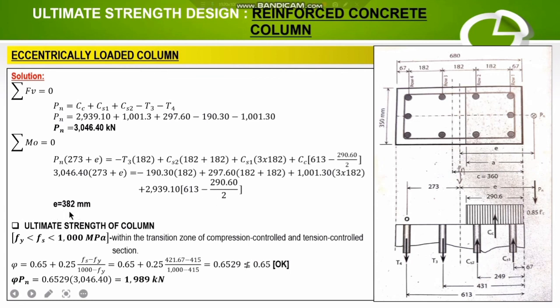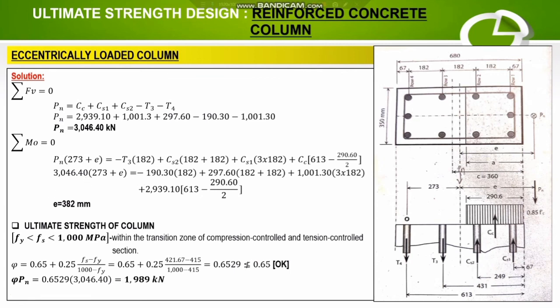Therefore, we can now solve for our eccentricity. e is equal to 382 mm. So that is the eccentricity of our nominal load Pn from the centroidal axis of the column section.